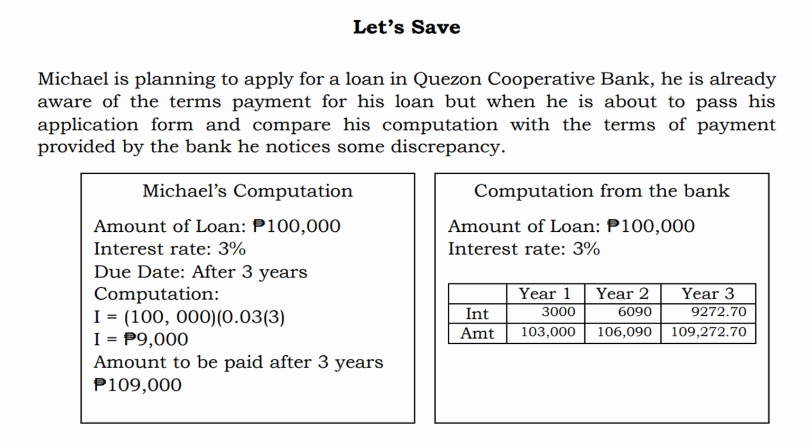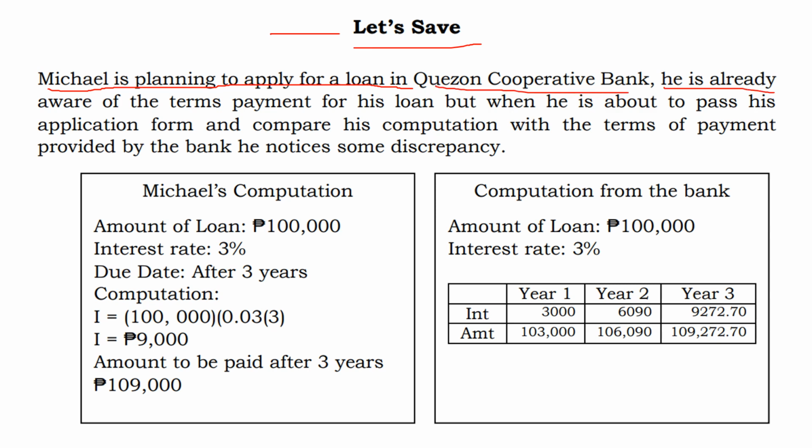So we use this scenario again to discuss the future or maturity value, the present value, and the interest with respect to compound interest. Let's use this scenario with the title "Let's Save." Michael is planning to apply for a loan in Quezon Cooperative Bank.